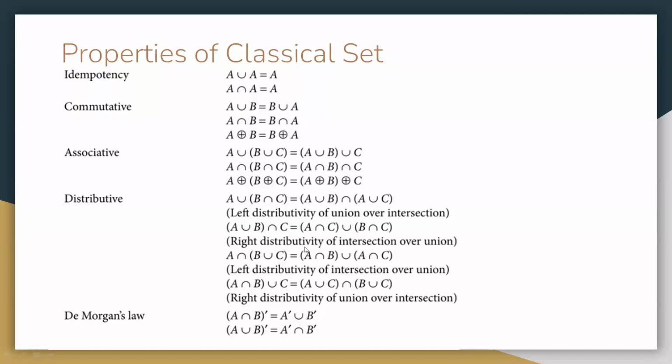That is, it is basically the complement of union and the complement of intersection. Basically, these laws state that the elements not in A union B are exactly the elements that are not in A and not in B. Whereas the other one states the elements that are not in A intersection B are the elements that are either not in A or not in B. That is the basic idea.